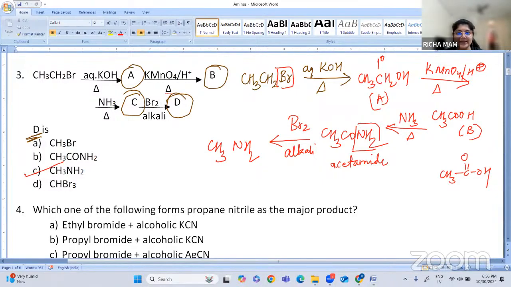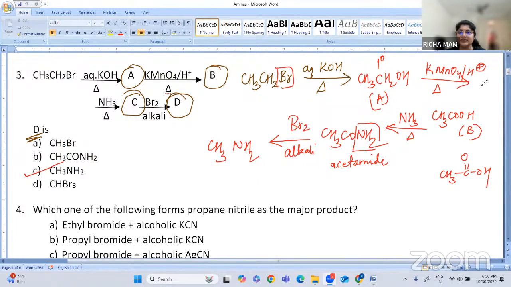So whatever steps are given in the reaction, you have to follow. First, your ethyl bromide is reacted with aqueous KOH, heated, and you get a primary alcohol. Alcoholic KOH is a dehydrohalogenating agent, right? But here Br is replaced by OH.